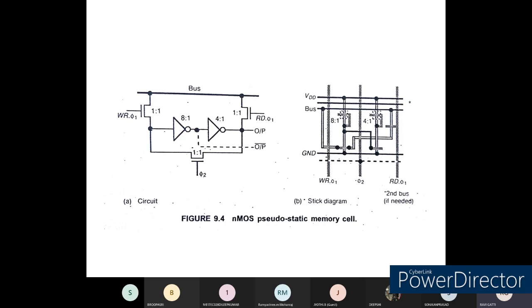For the first inverter it is 8:1, and for the second we have given 4:1, whereas for the read pin and the write pin the pull up and pull down transistors have equal aspect ratios for the substrate and the drain terminal. Therefore the pull up to pull down ratio for them is 1:1, and 1:1 for the read operation also. So this is the circuit diagram for the static memory cell along with the stick diagram.